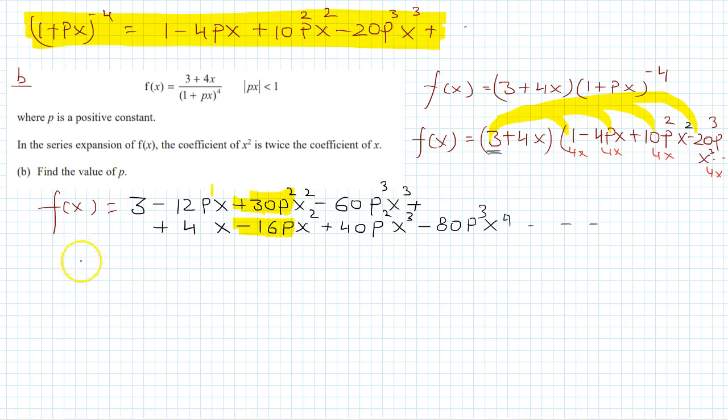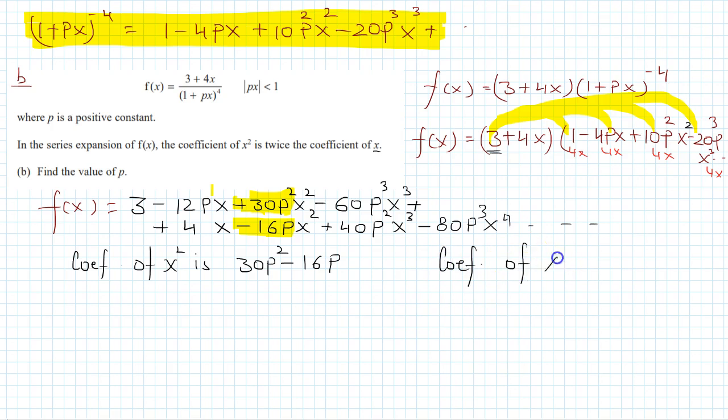So the coefficient of x² is 30p² minus 16p. The coefficient of x, and the coefficient of x, is minus 12p plus 4.